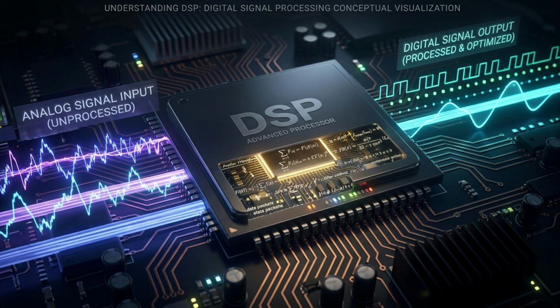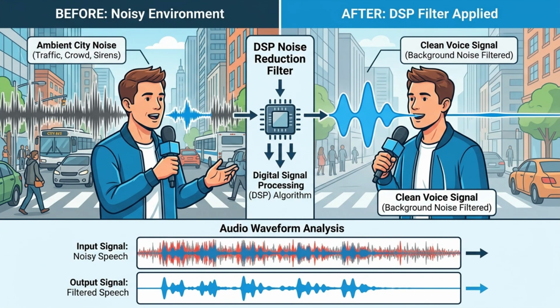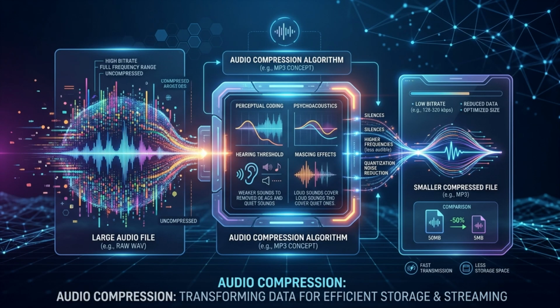DSP can perform many useful operations. One common task is filtering. Imagine you're making a phone call in a noisy environment. DSP can reduce background noise and make your voice clearer. Another important task is compression. Audio formats like MP3 and video formats like MPEG use DSP techniques to reduce file size while maintaining acceptable quality.